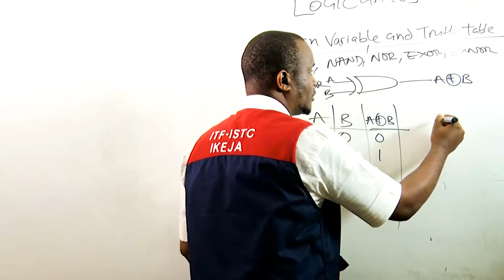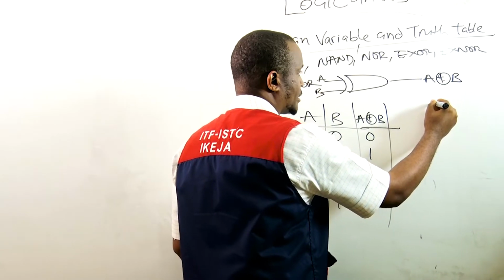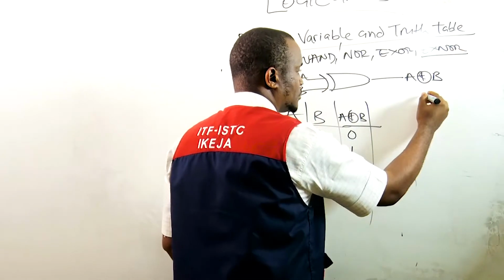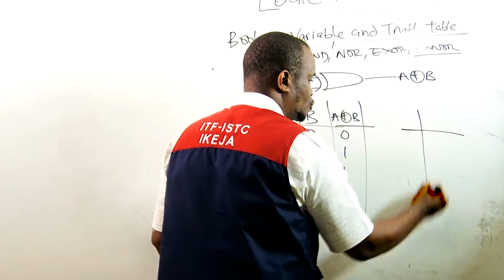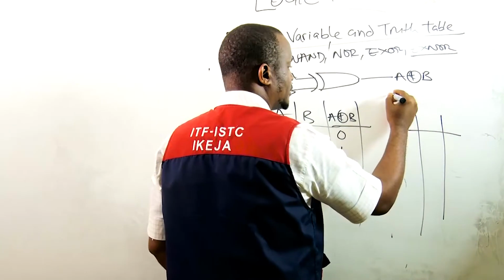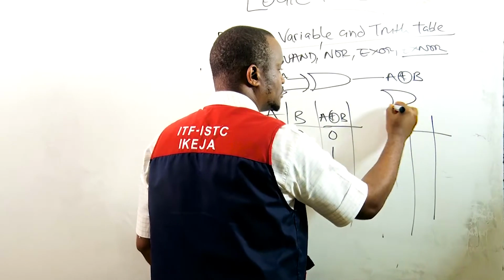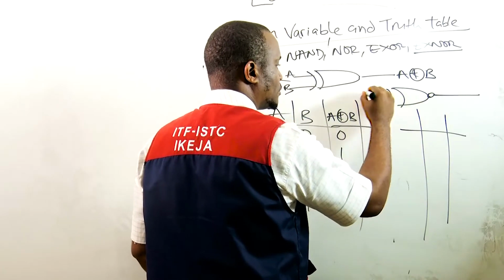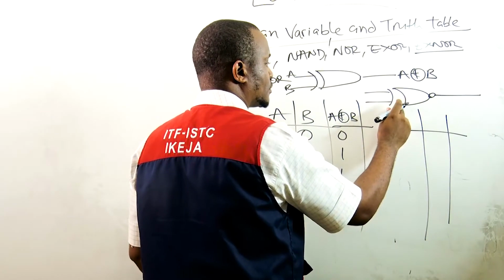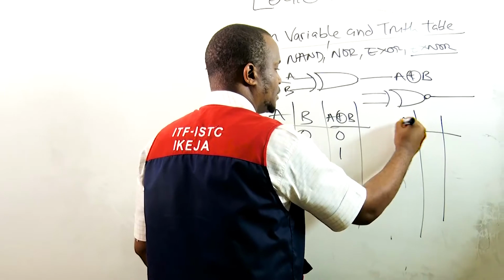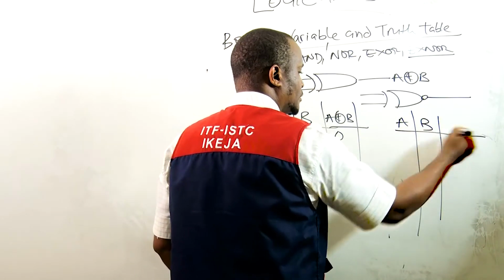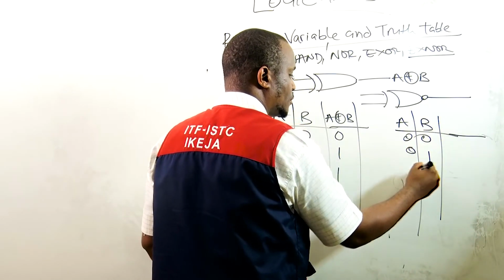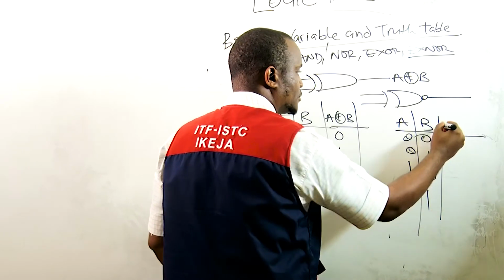Then for that of the XNOR, two input XNOR. Remember how we draw it. This is the NOR. So we have the XNOR. A, B, 0, 0, 0, 1, 1, 0, 1, 1.